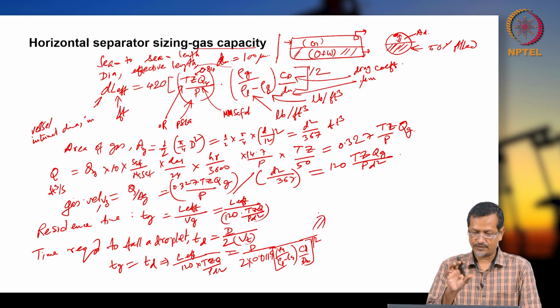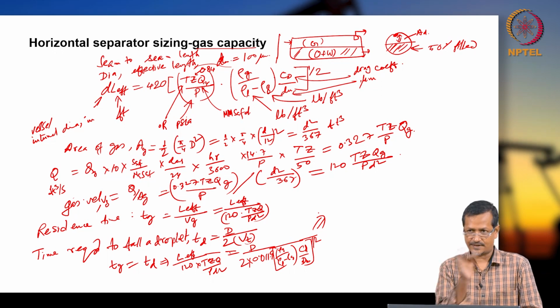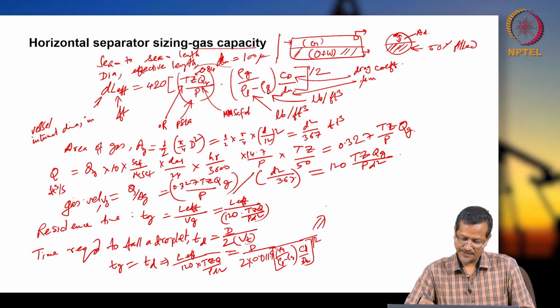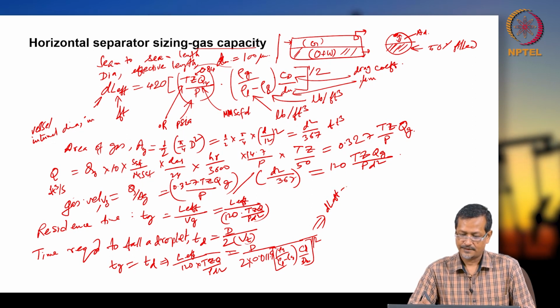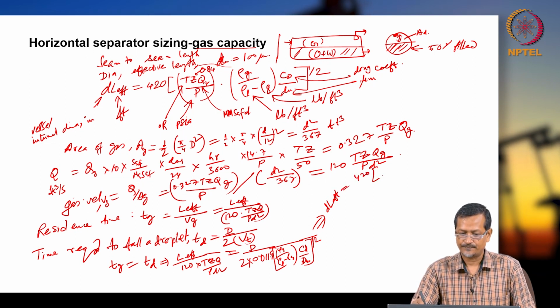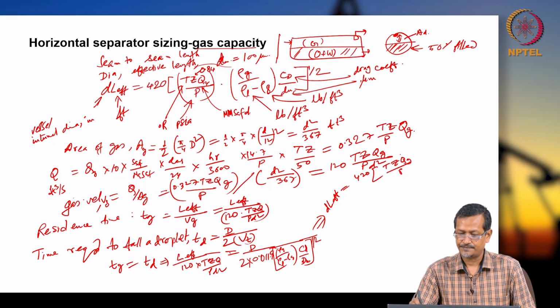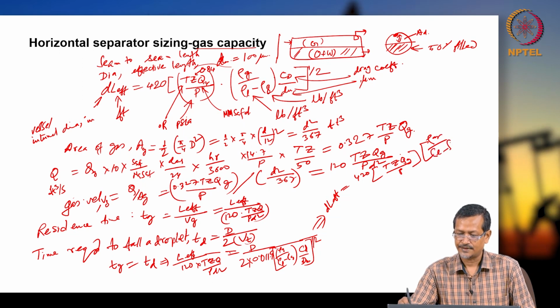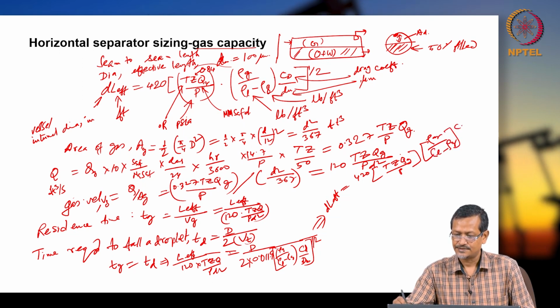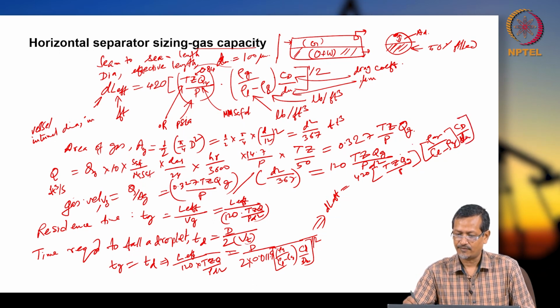If you equate and balance the left side and right side, then you will get d L effective equals 420 TZQg over P, rho g by rho L minus rho g, CD by dm, power half.